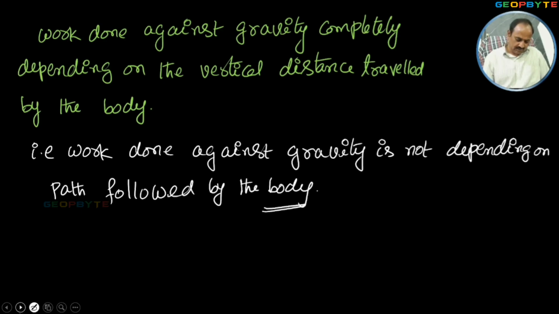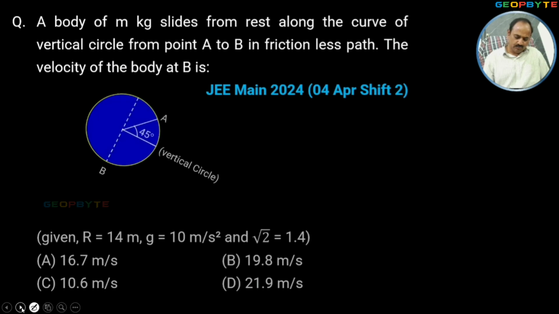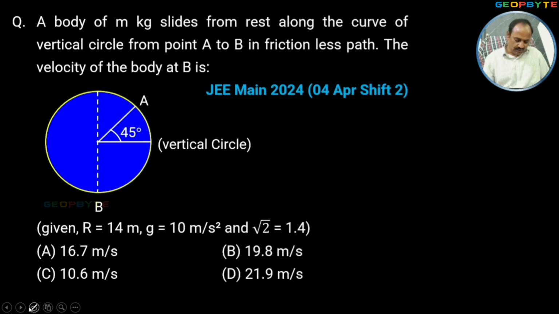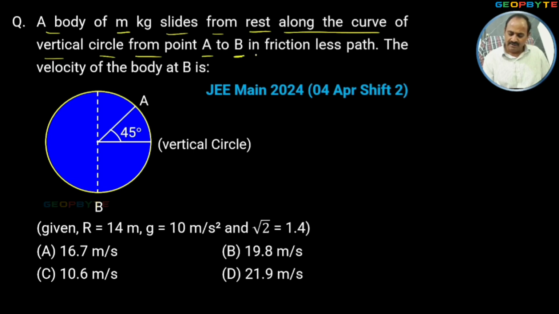Then look at another important question. Try to read this question clearly. A body of mass m kg slides from rest along the curve of a vertical circle from point A to point B in a frictionless path.